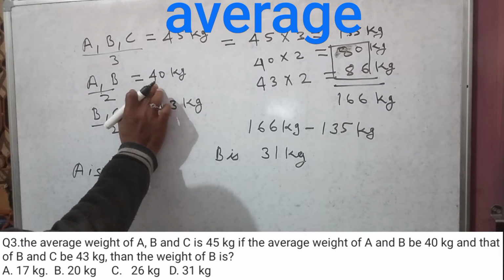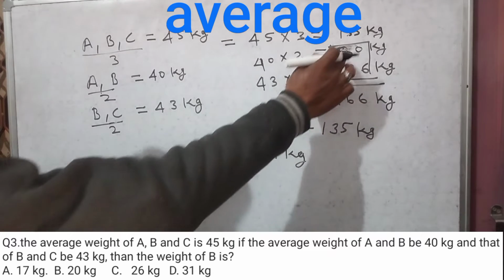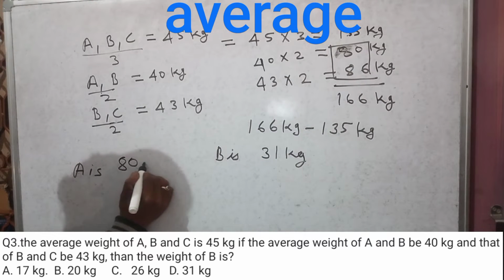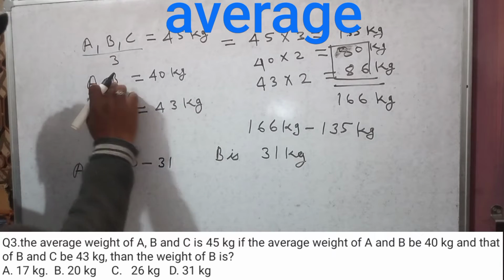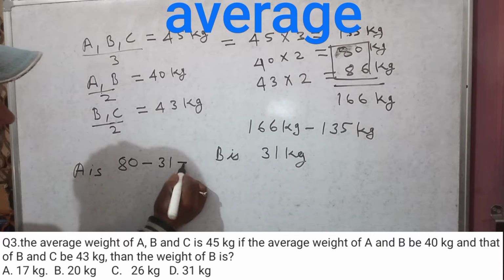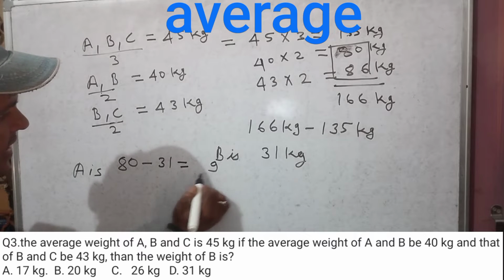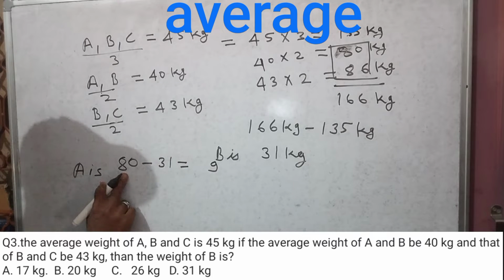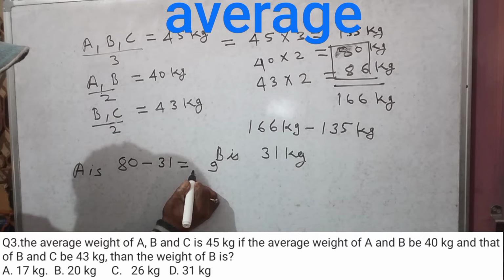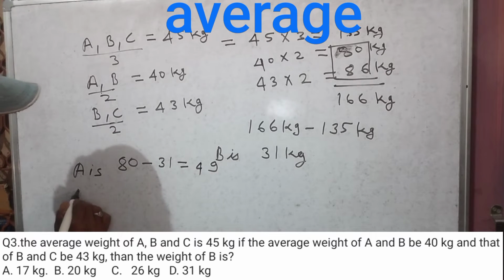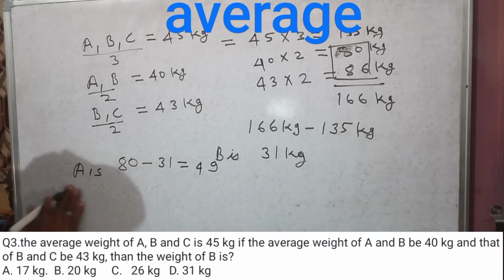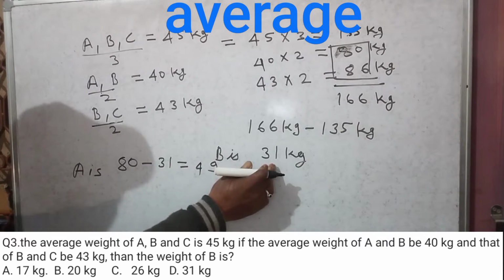If you ask what A is, A will be 80 minus 31, because A and B. So A will be 80 minus 31, 7 minus 3 is 4, A is 49. B is 31 kg.